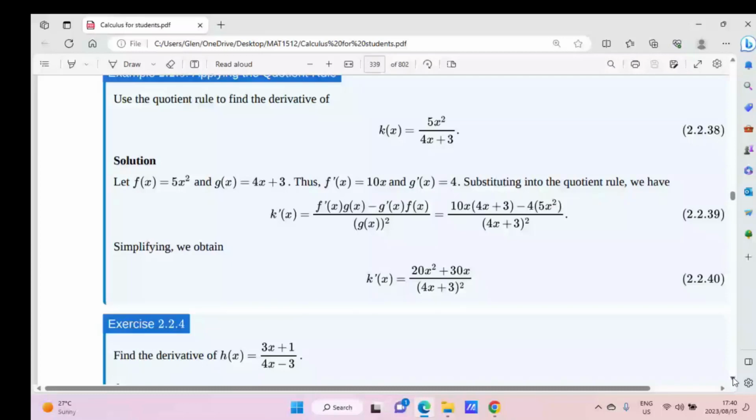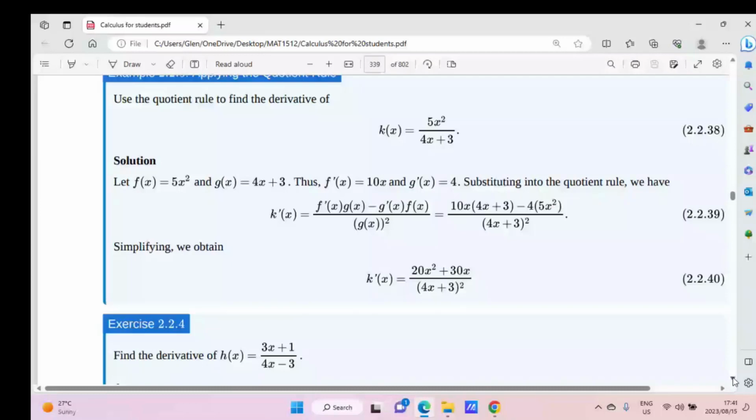So the question is, you find the derivative of h of x, which equals 3x plus 1 over 4x minus 3, right? Then I derived the numerator. I see my mistake. I derived the numerator and then multiplied by the denominator, minus the derivative of the denominator multiplied by the numerator.